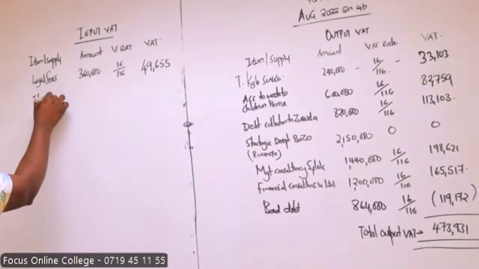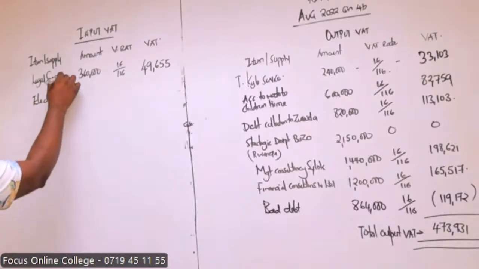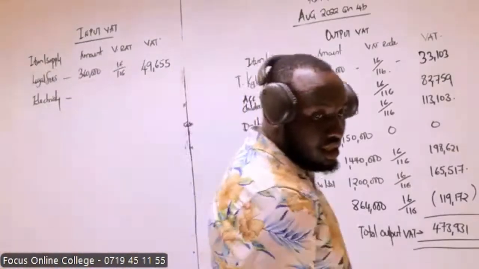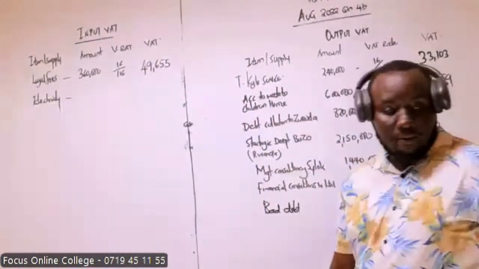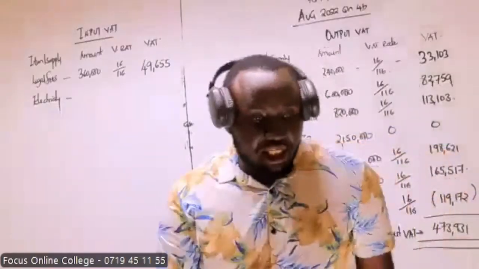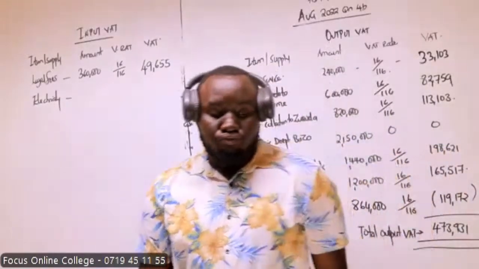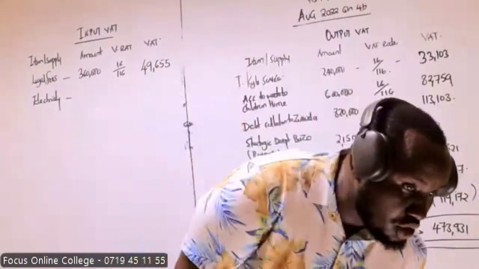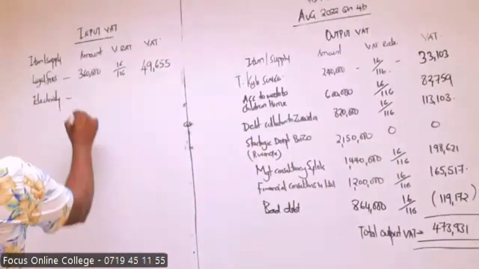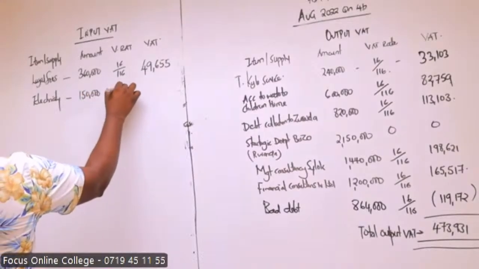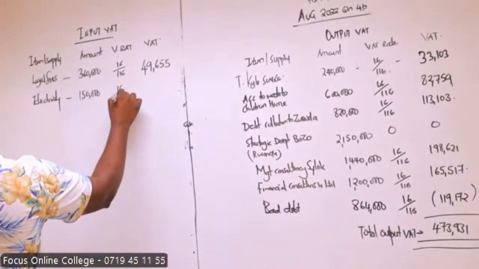Electricity. Based on our adjustments on electricity, VAT. So that was 150. 16 over 116.